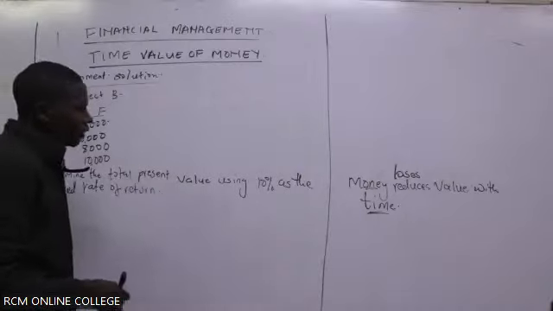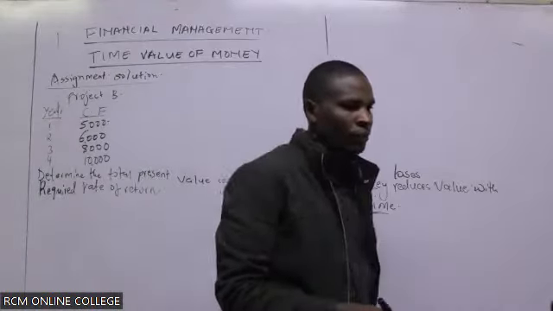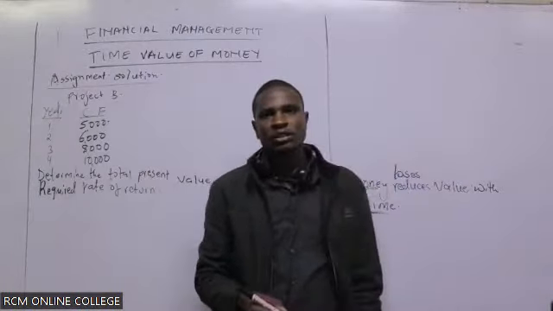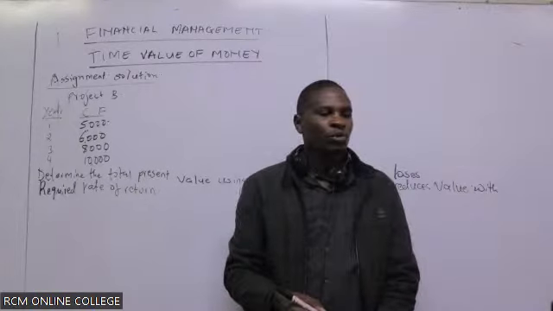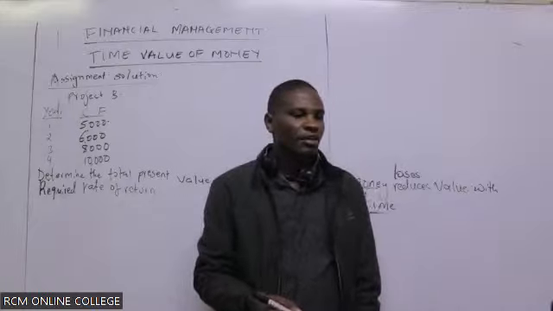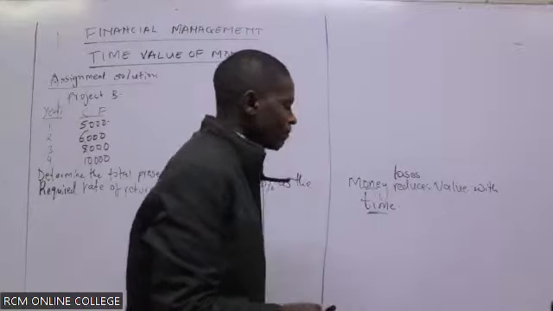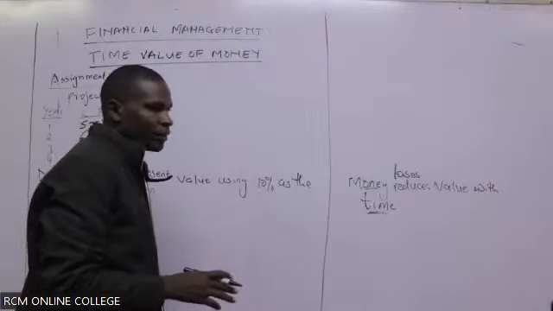So once the examiner asks you such a question, you need to first of all identify the type of cash flow that you have. What is the type of cash flow here? Regular or irregular?